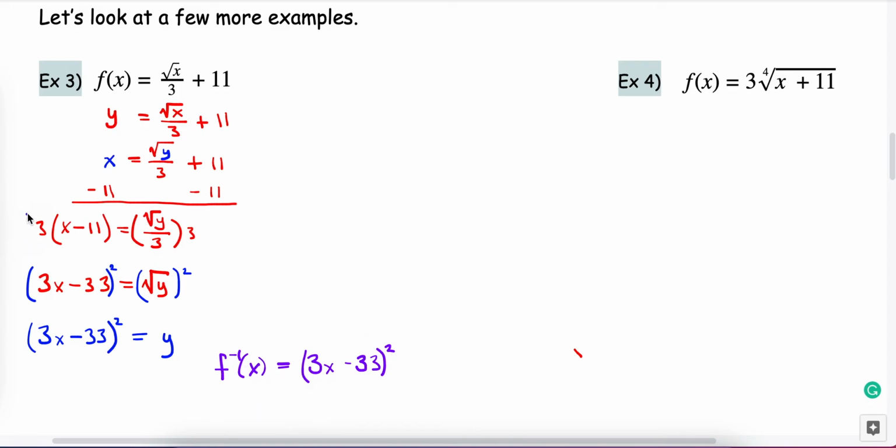Okay, and of course if you wanted to put that as 3 times x minus 11 and then have the whole thing all squared, just make sure you've got your parentheses all in the right places. That's kind of why I distributed this in, just to keep it simple. But you could also have, just so that you see both examples, 3 times x minus 11, so you see those nested parentheses, and there's your square right there.